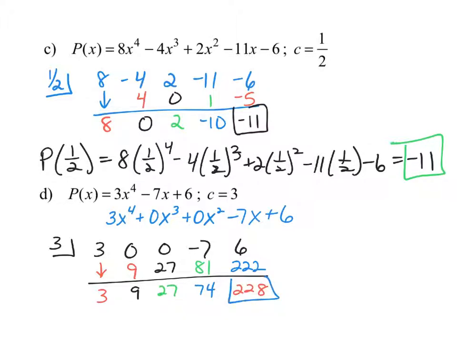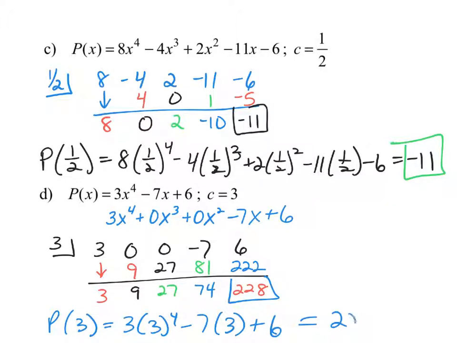So if you are evaluating that polynomial where c is equal to 3, so p of 3, and you substitute 3 times 3 to the fourth minus 7 times 3 plus 6, that answer will equal 228.